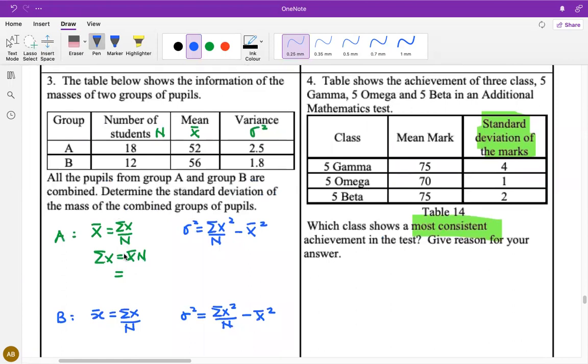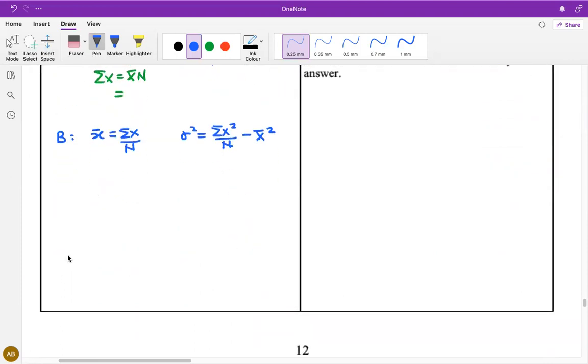Number 3 is to find the combined standard deviation of the combined groups of pupils. It's given to you group A and B, and then the number of students, the mean, and the variance. So we want to find the combined standard deviation.